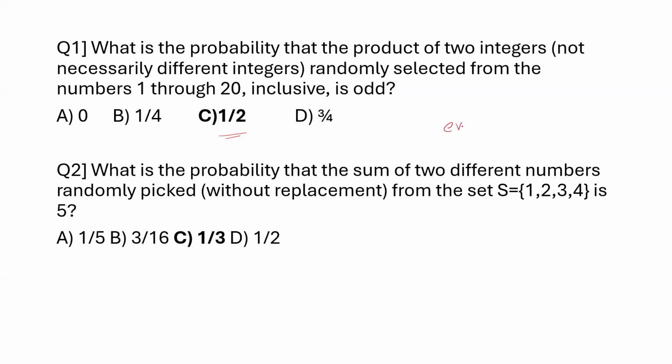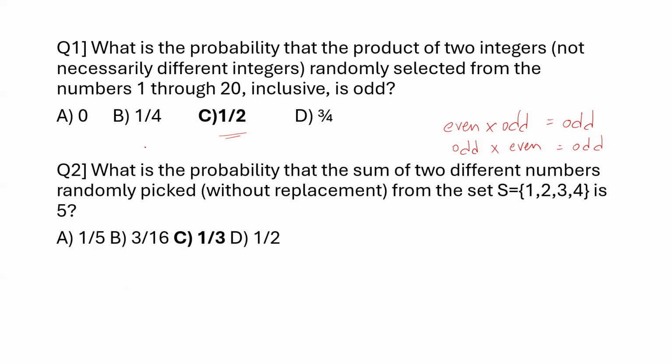So even into odd will give you an odd number, or odd into even will give you an odd number. So now you just have to look for how many odd numbers are there, 1 to 20, how many even numbers are there, and then you have to compute. The answer would be 1 by 2. This you have to do.